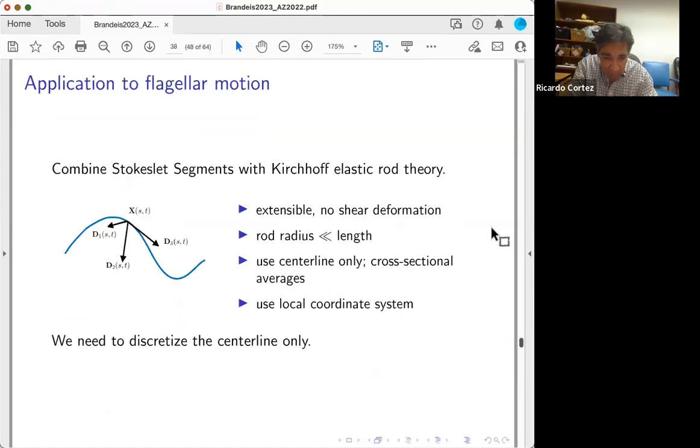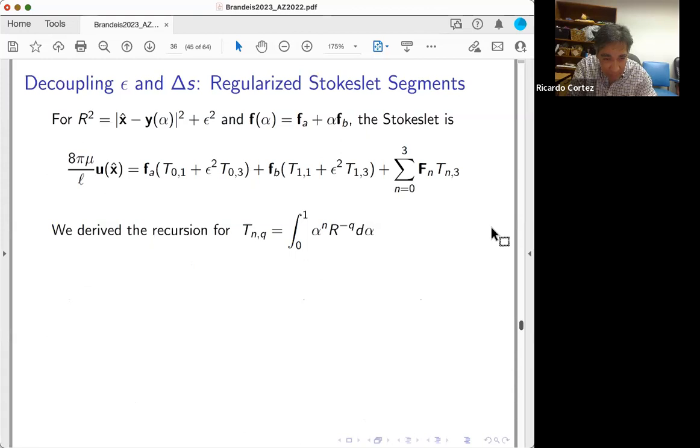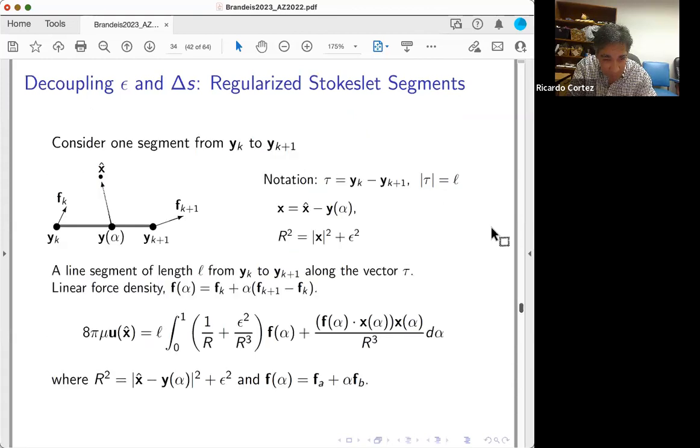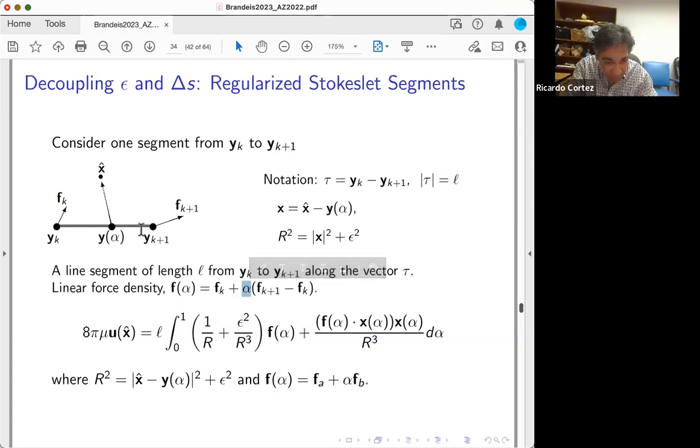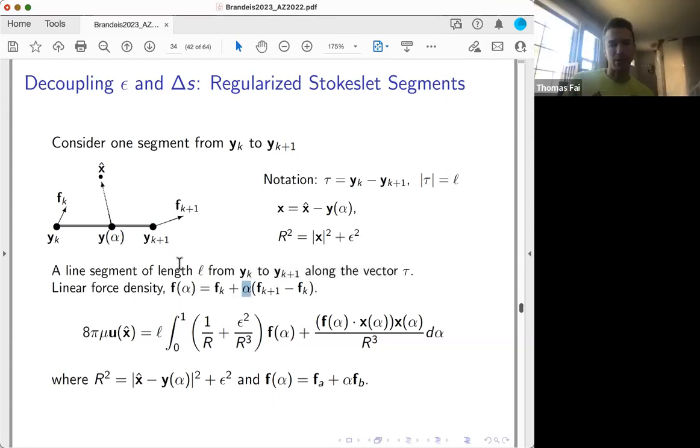In each segment, my force goes from being a value here to this value. Oh, I see. In between, it's just a linear function of the parameter along this segment. Okay, thanks.